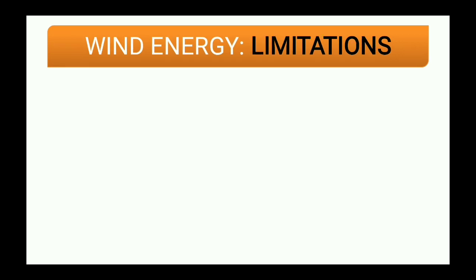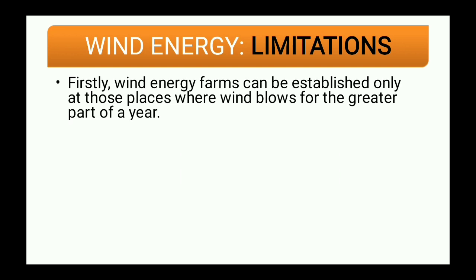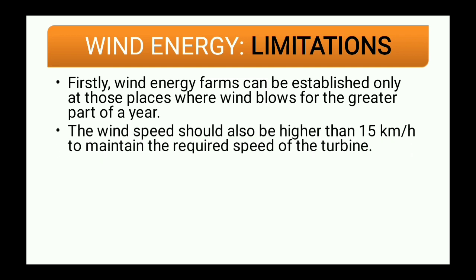Now let us learn about limitations of wind energy. Firstly, wind energy farms can be established only at those places where winds blow for the greater part of the year. So the utmost important part of this is the blowing of wind, and it should be there for a major part of the year.